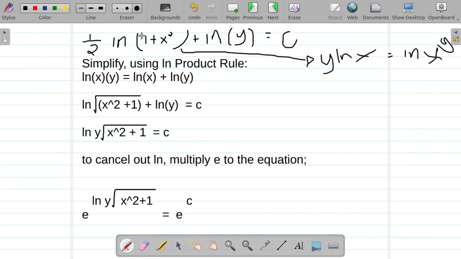So, we can also write this as raised to the power of 1/2, ln of 1 plus x squared raised to the power of 1/2, or square root of ln 1 plus x squared.